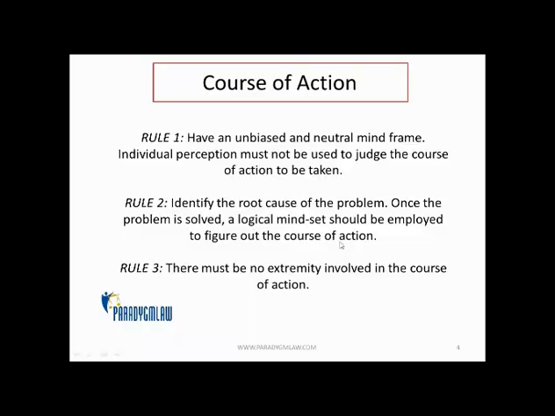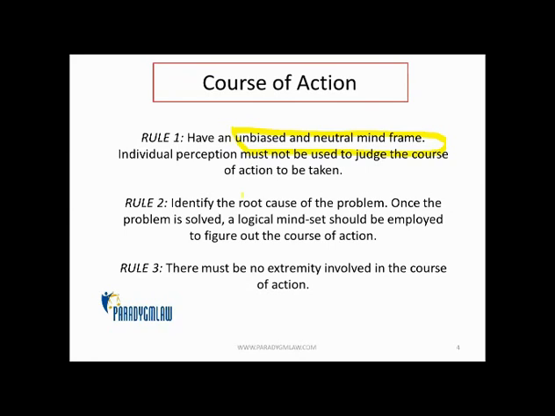Okay, so let's look at the rules that are used to solve course of action problems, right? Like we had already talked about this, you have to have an unbiased and neutral mind frame.